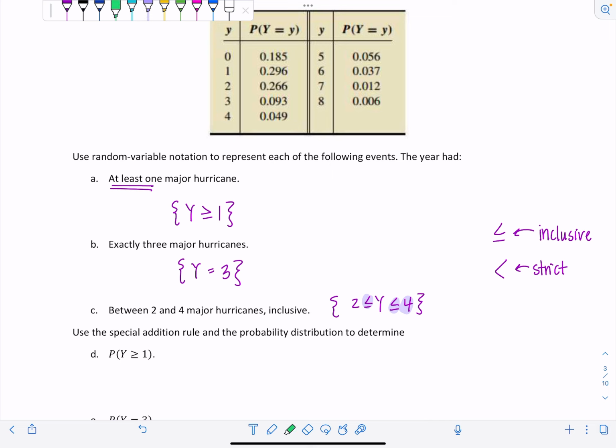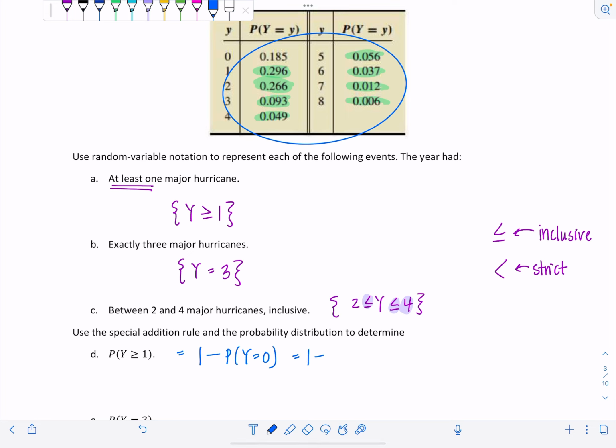The probability that y is greater than or equal to 1 would be the sum of all of these probabilities, 1 through 8. Or can you think of a shortcut? Well, we talked about the fact that the sum of all of the probabilities in a probability distribution, all of these added together, is going to equal 1. So a faster way to compute that would just be 1 minus the probability that y is equal to 0, the one that's not included.